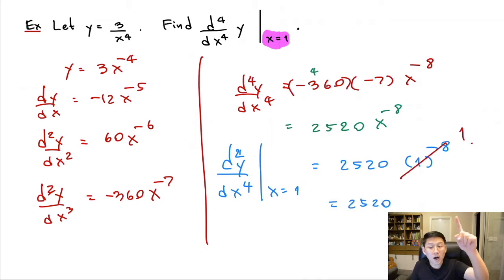It's 1 divided by 1 to the power of 8, and 1 to the power of 8 is just 1. So the fourth derivative of y with respect to x, when x equals 1, is 2520.